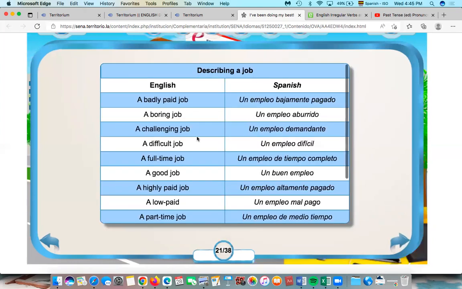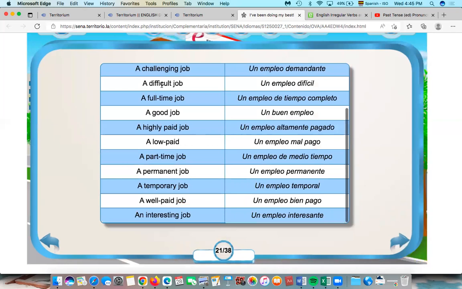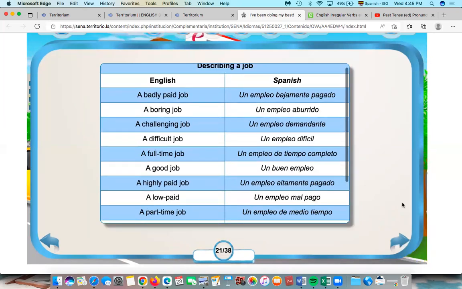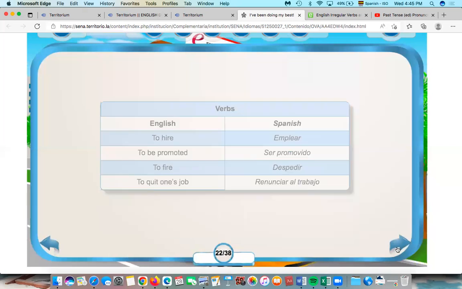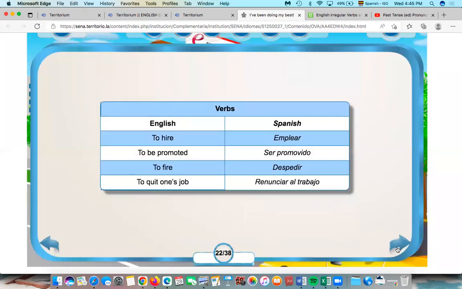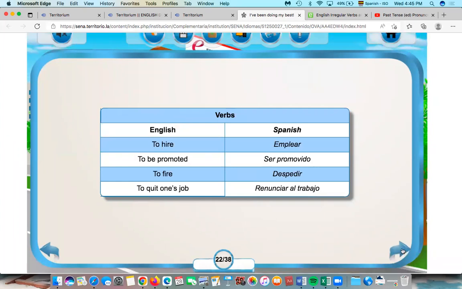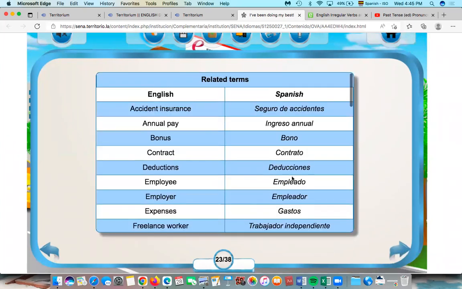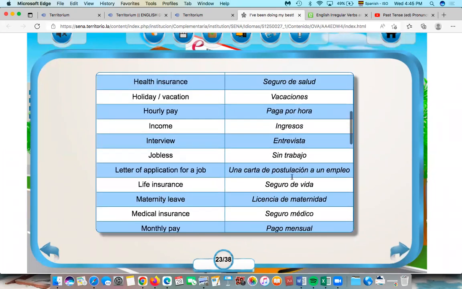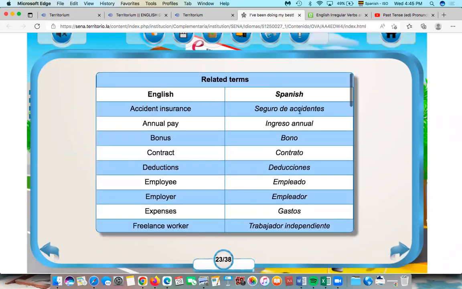Describing a job. You can find here different expressions to describe a job. A lot of the information here is vocabulary that you need to study, when it comes to professions or characteristics that can describe a job.